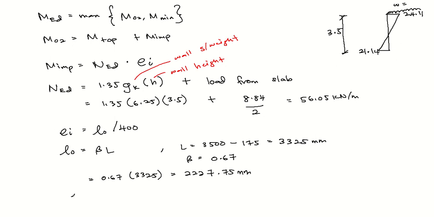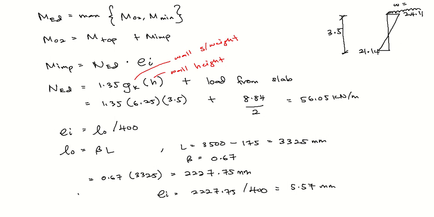Next, the EI. EI equals 2227.75 divided by 400. This gives you 5.57.